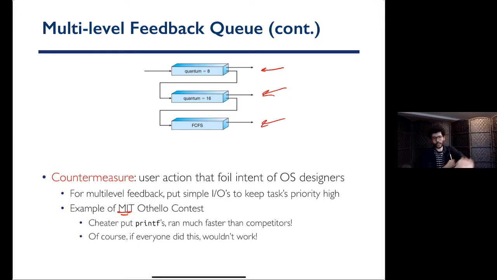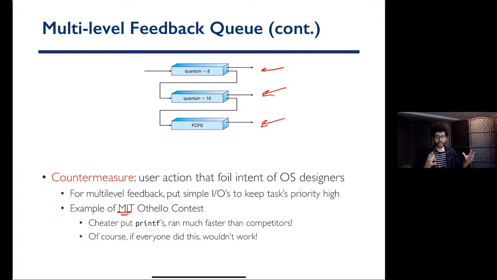This could be applied to any kind of program, right? But there was a competition, so it was a zero-sum game. If you win, I lose. If I lose, you win, or if I win, you lose, right?